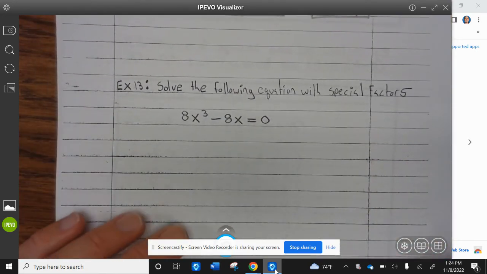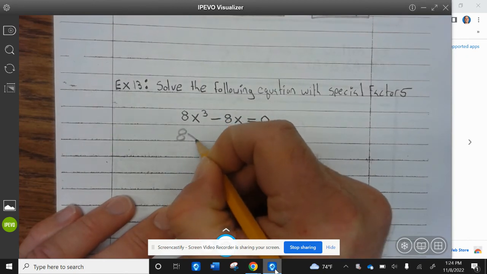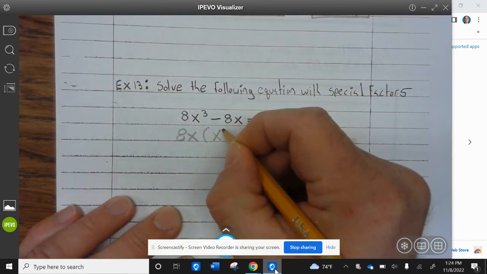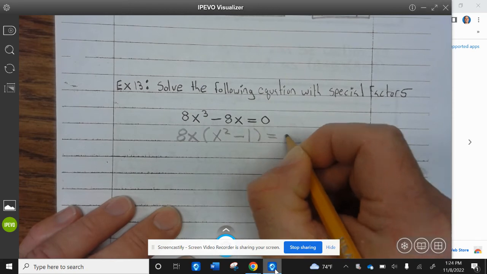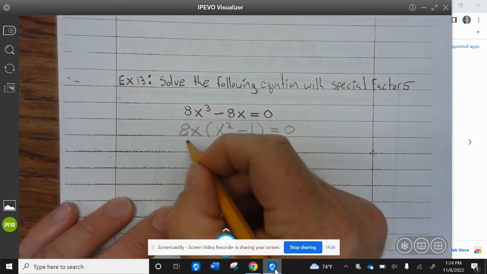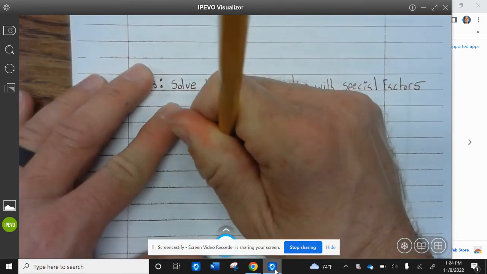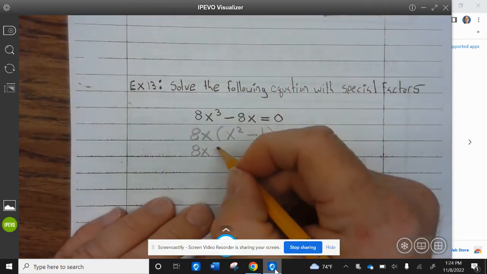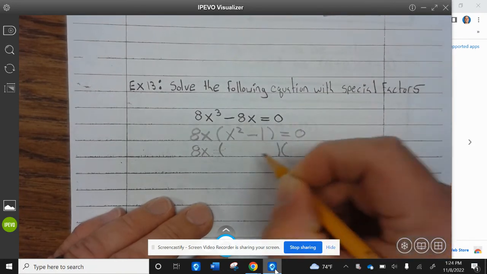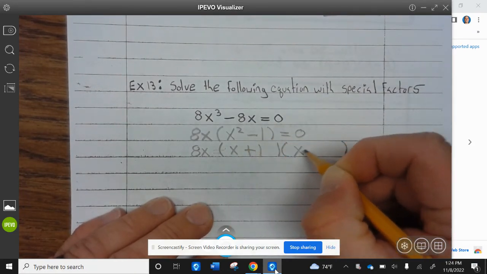All right, last example. Now, we can actually factor out an 8x from both sides, which leaves x squared minus 1 equal to 0. Oh, wait, sorry, too fast there. 2 parentheses, x plus 1, x minus 1.